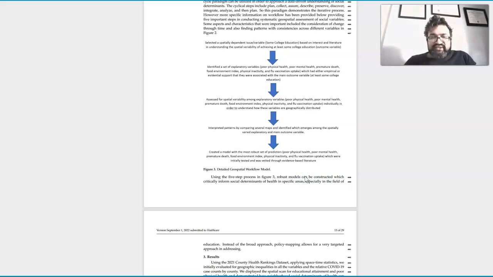But here I go into a little bit more detail, providing information about the specific variables that are connected. So what we did is we decided to summarize all of this and create a workflow pattern that demonstrates how all of these moving parts work together.